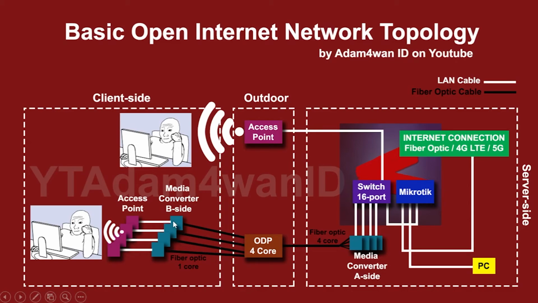At the client location, from media converter B side, we connect to the LAN, and the LAN itself is connected to the access point. And from the access point, the client can enjoy your connection. And that's basically what open internet is, what RTRWNet is in Indonesia. So this is a very basic open internet network topology to build.